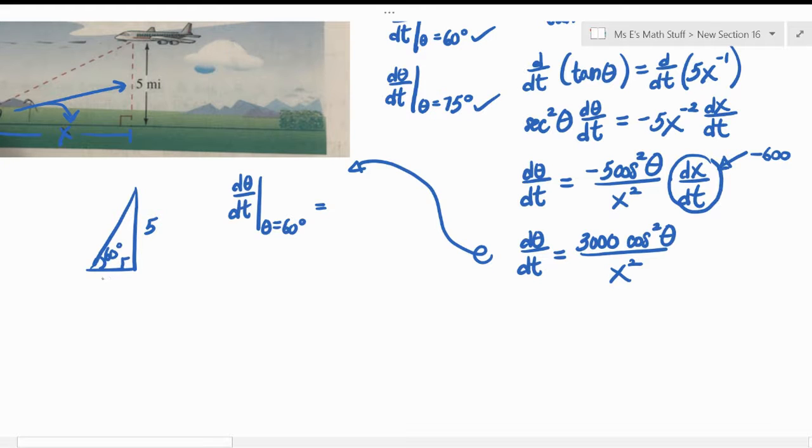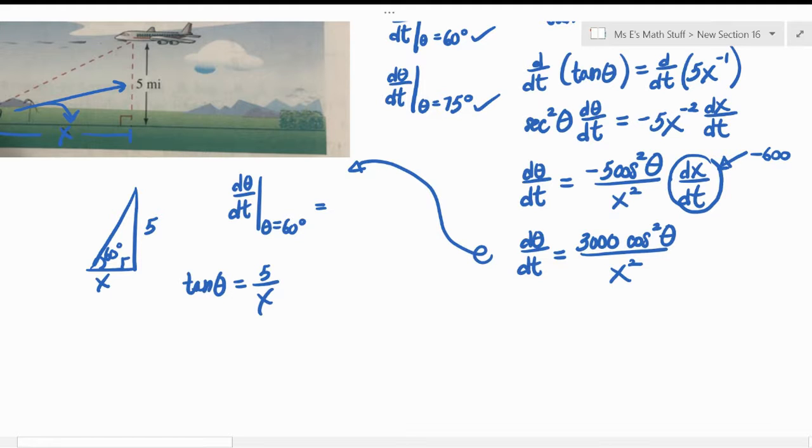You could probably figure this out pretty well just by using 30-60-90 triangle stuff. Or you could think of it this way: what would tangent of theta be? Tangent of theta is opposite over adjacent, right?